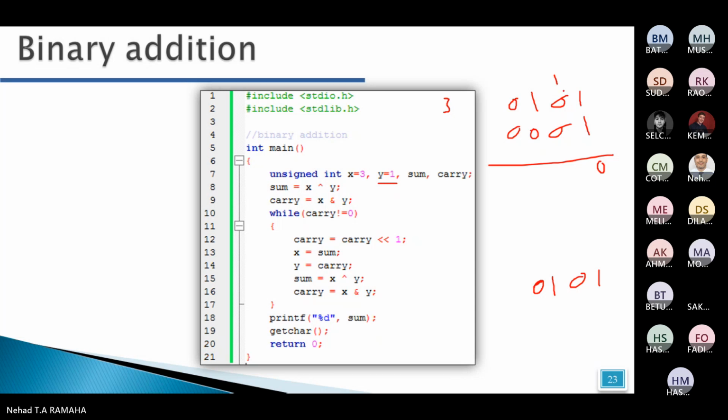So, if you said 1 here, 1 here, 0, it's not the result. So it's not working like this. It's working like this.